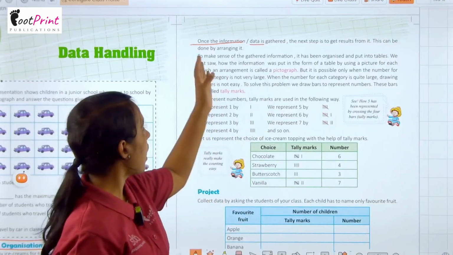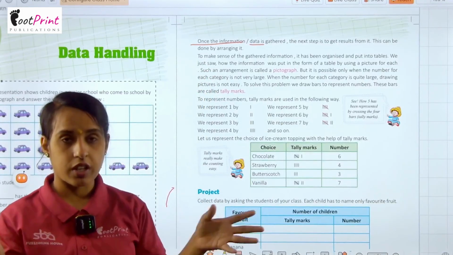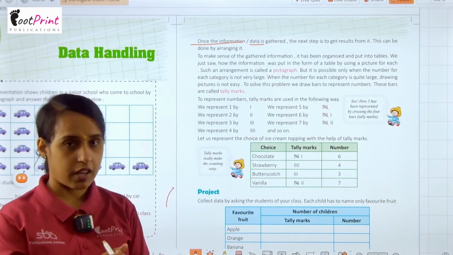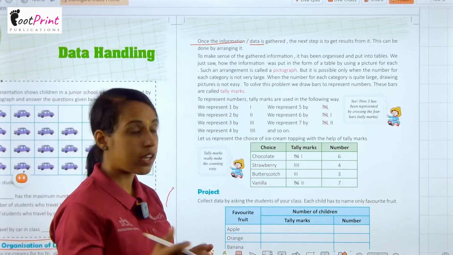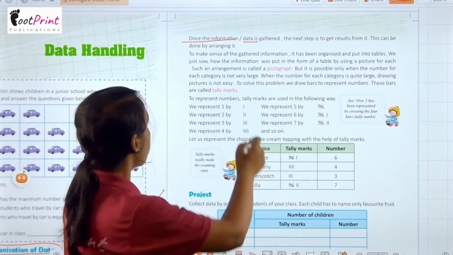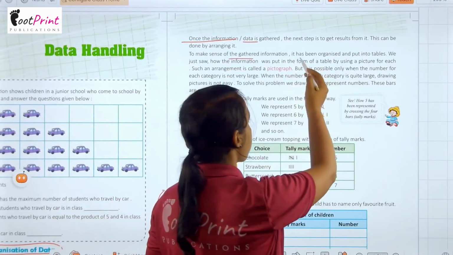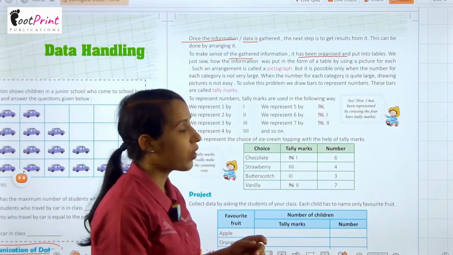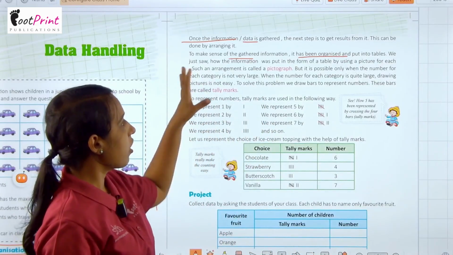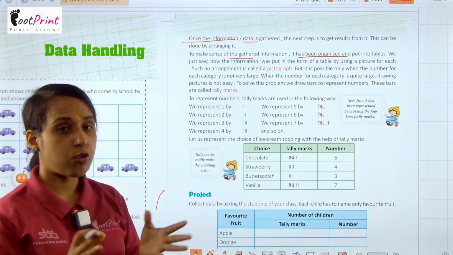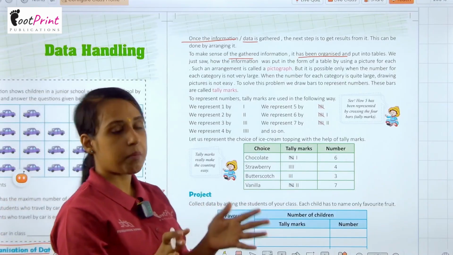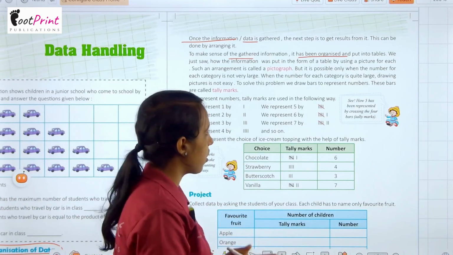This can be done by arranging it. So we have the data, but we have to arrange it to understand it or make results from it. To make sense of gathered information, it has to be organized and put into tables. इंफॉर्मेशन जो हमने गैदर की है उसको हम ऑर्गेनाइज करने के लिए टेबुलर फॉर्म में, टेबल में अरेंज करते हैं.